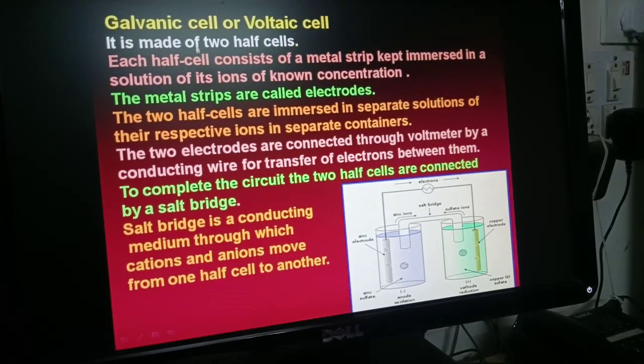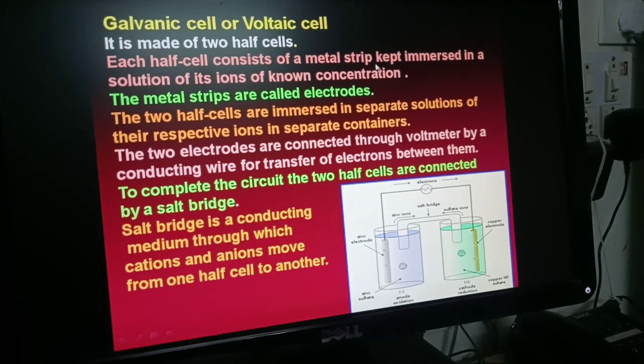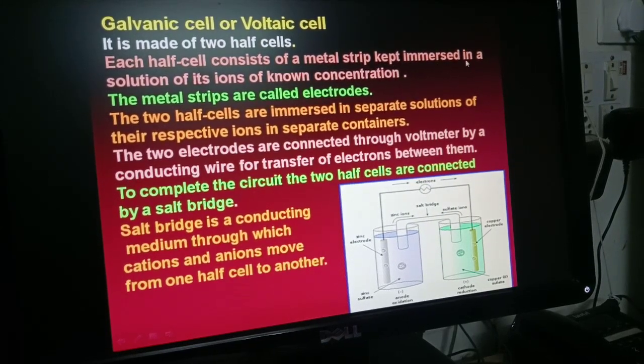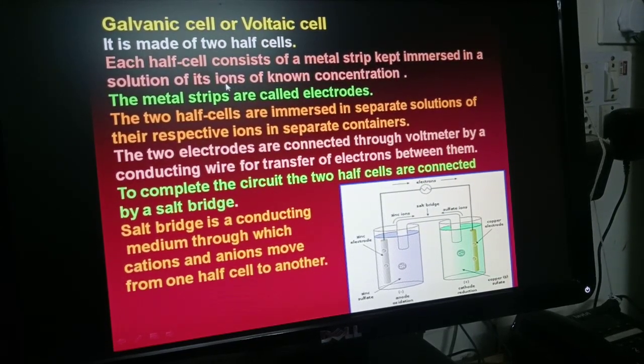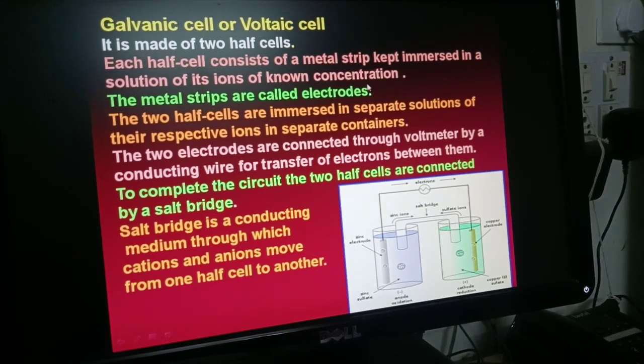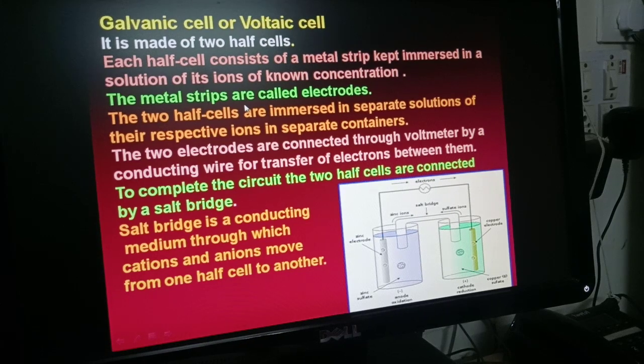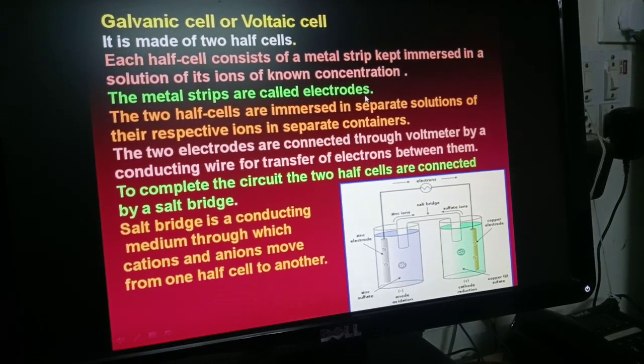It is made up of two half cells. Each half cell consists of a metal strip kept immersed in a solution of its ions of known concentration. The metal strips are called electrodes.